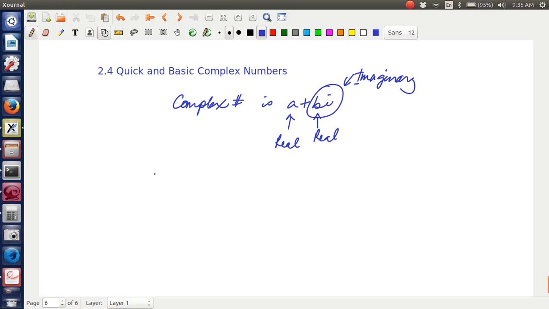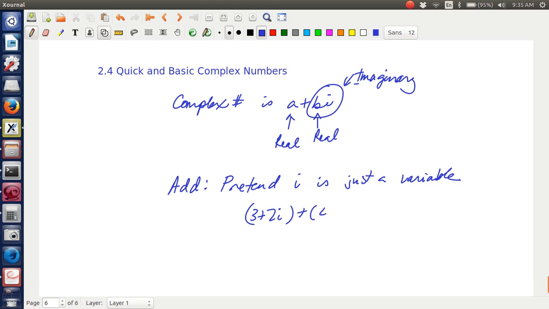Pretend i is just a variable. For example, 3 plus 7i, and you're adding 4 minus 6i. That's really easy, because 3 plus 4 is 7, and 7 minus 6 is 1. So you just add it, pretending it's a normal variable.